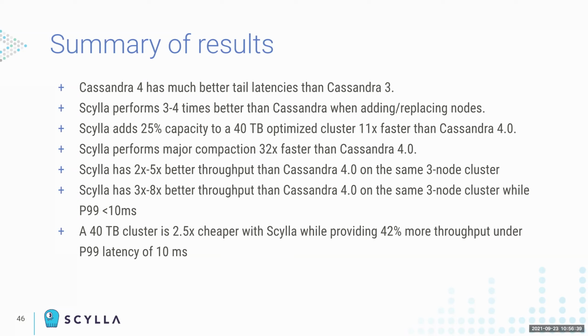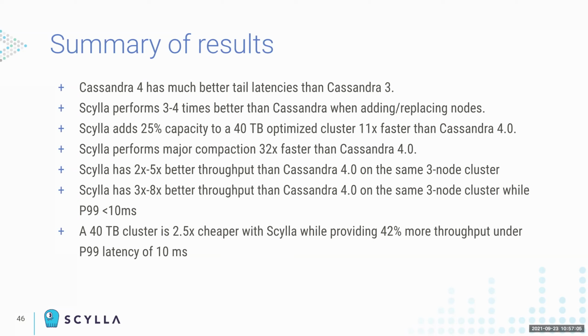But if we look at the P99 latencies, if we want to have a smaller P99 latency, you might need to decrease the throughput of Cassandra 4, or maybe overprovision your Cassandra 4 cluster. And when doing this, Scylla has 3 to 8 times better throughput.